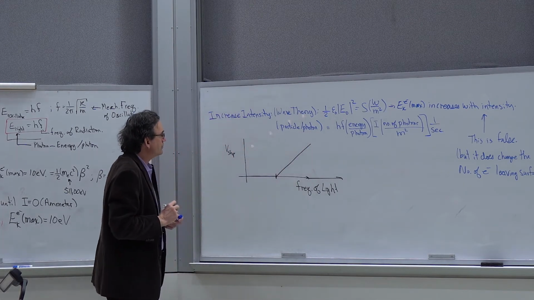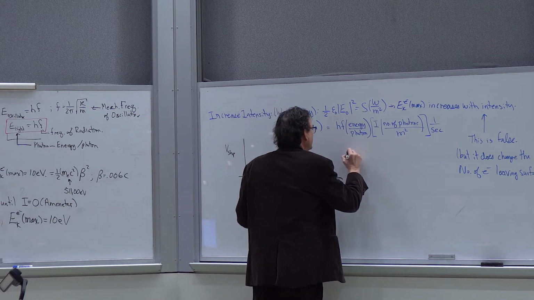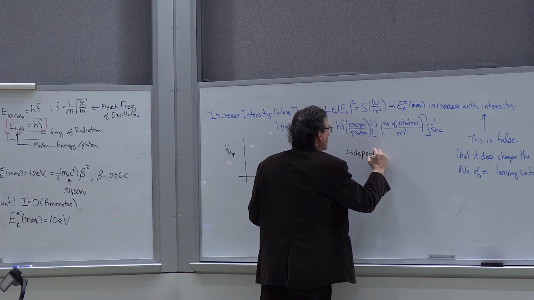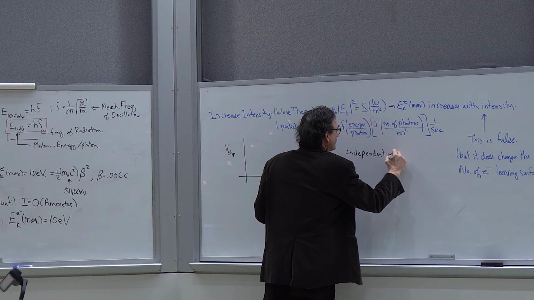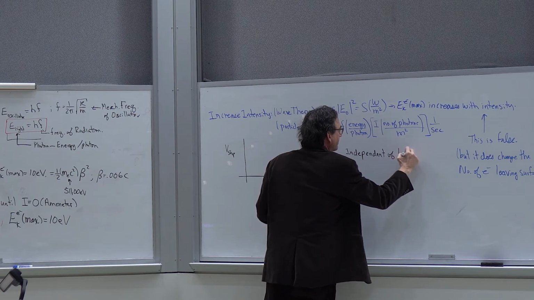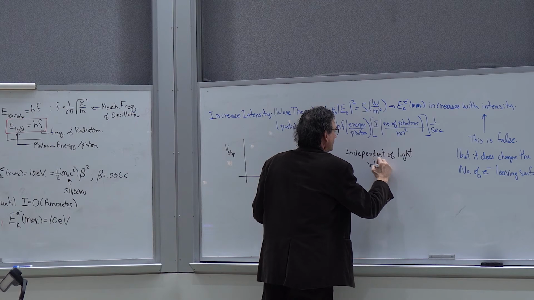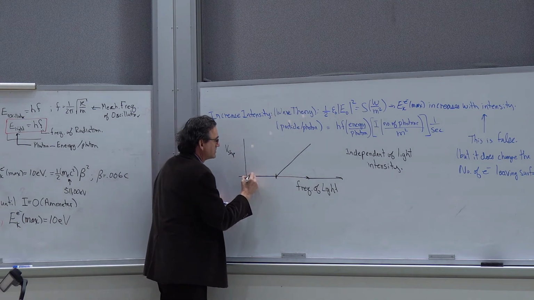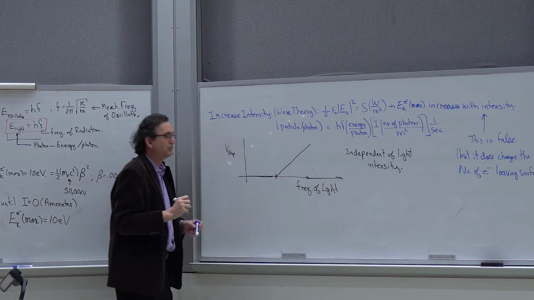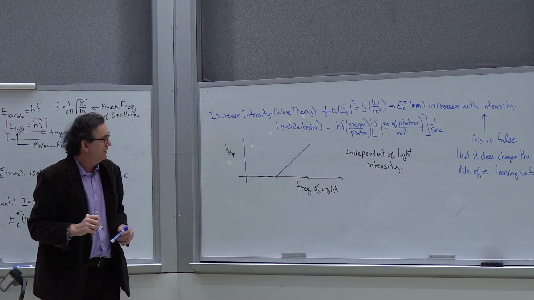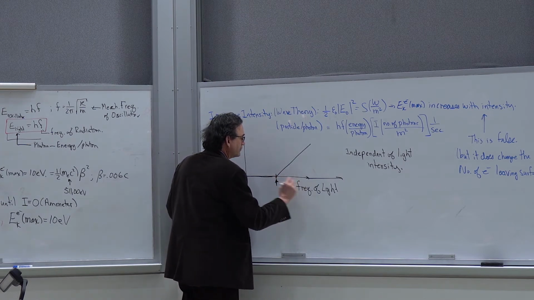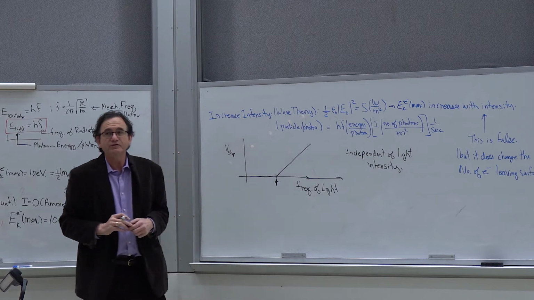Furthermore, this curve is independent of the light intensity. So no matter how intense I make this light, which might be enough to burn your eyesight completely, unless it reaches a threshold value of the frequency, no light comes off the surface.